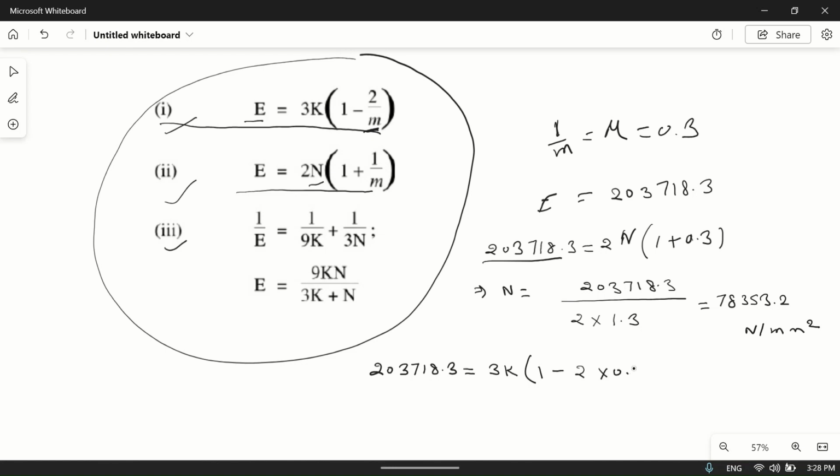So K will be equal to 203,718.3 divided by 3 into 1 minus 0.6, which is 0.4, which will be equal to 169,765.25 Newton per mm square. So we have all the values which were asked in the question.